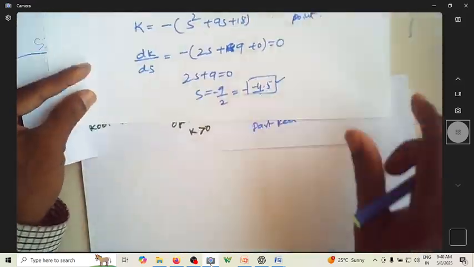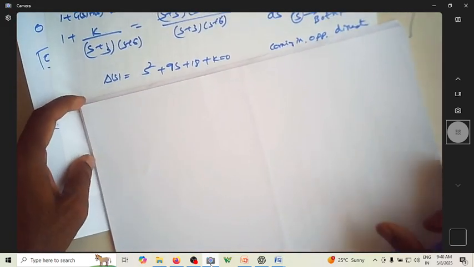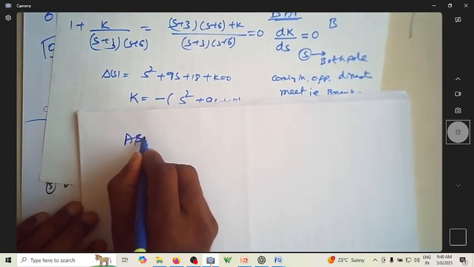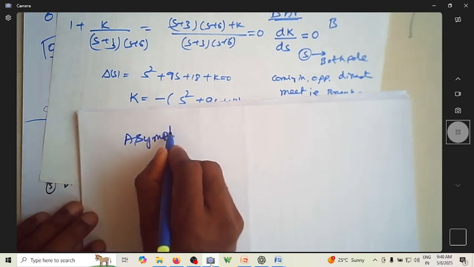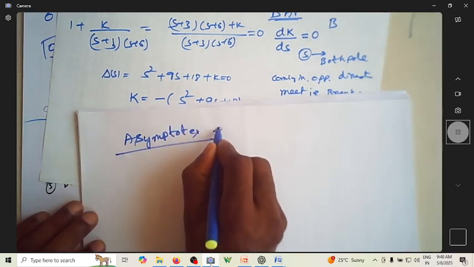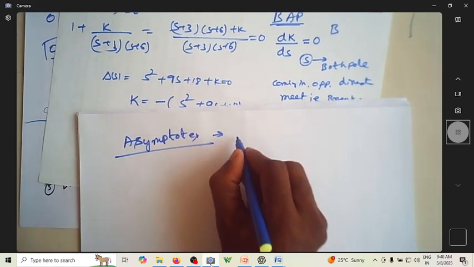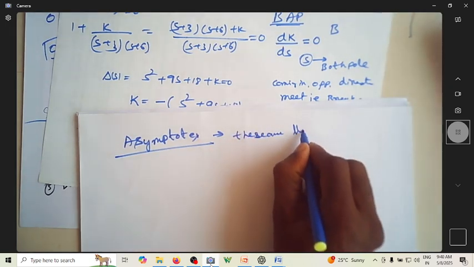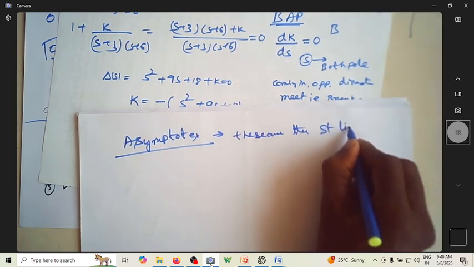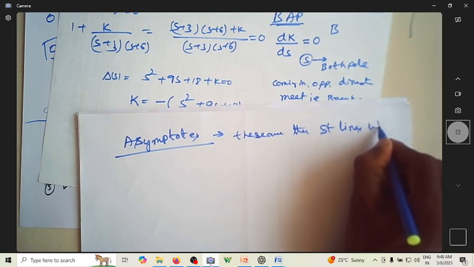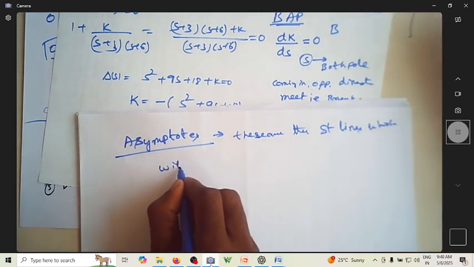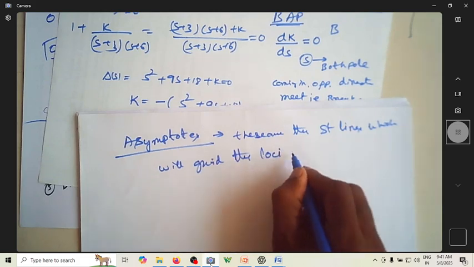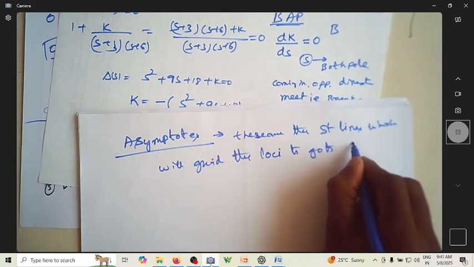So asymptotes are the ones which will guide the root loci to go to infinity. So let me write what asymptotes are.